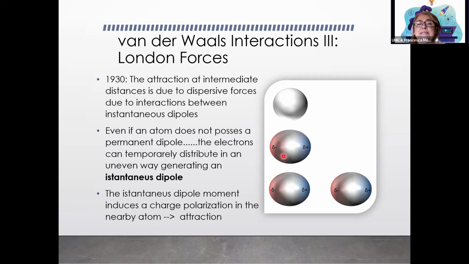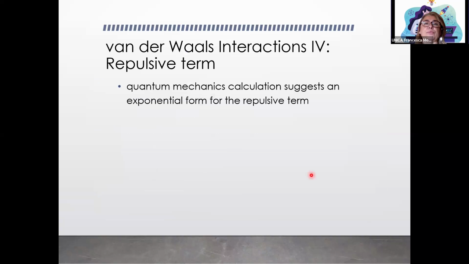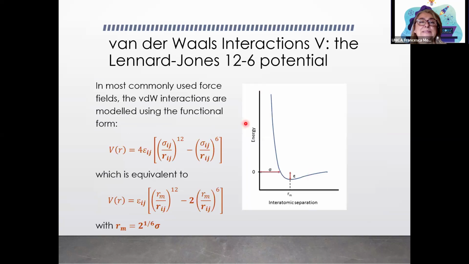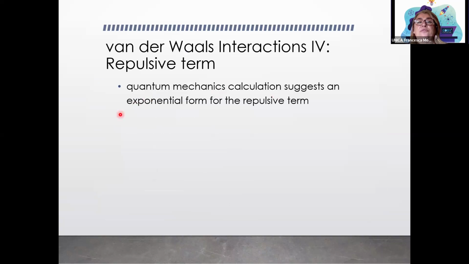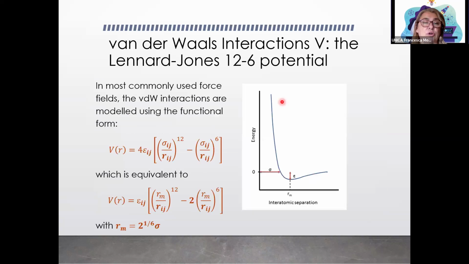They can generate an instantaneous dipole, and an instantaneous dipole moment induces a charge polarization in the nearby atoms, and this generates the attraction. The quantum mechanics calculation suggests an exponential form for the repulsive part of the energy function.